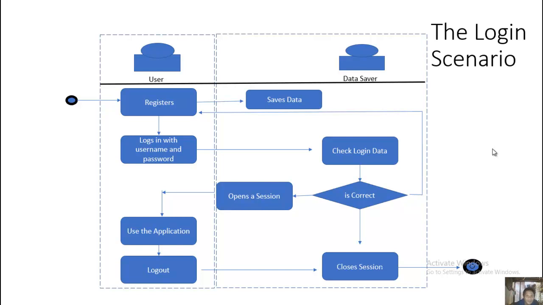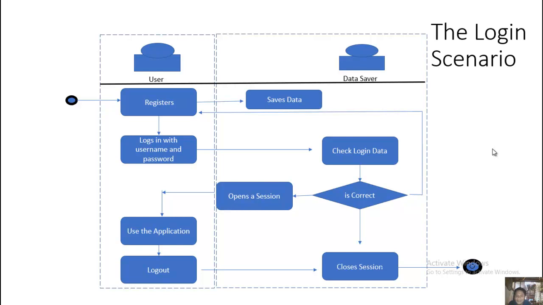We have two objects, the user and the data saver. The user registers, the user logs in, and the user uses the application and he logs out. On the data saver side, once the user registers, the data saver saves the data.